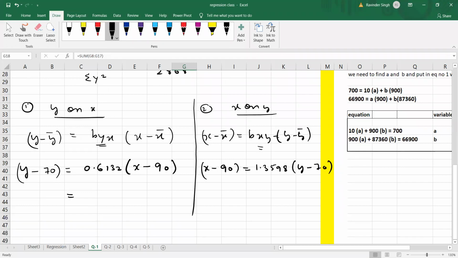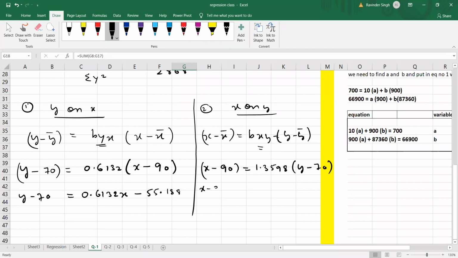To do that, first multiply this inside. So this will be 0.6132x minus 0.6132 into 90. So 0.6132 into 90 is coming around minus 55.188. This is y minus 70.